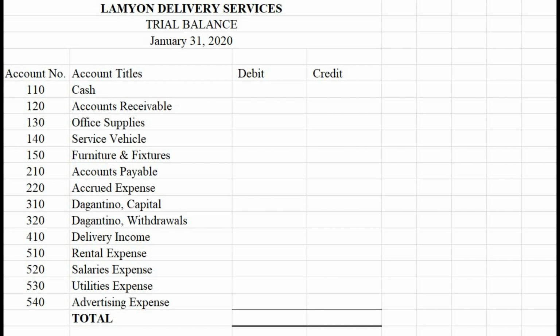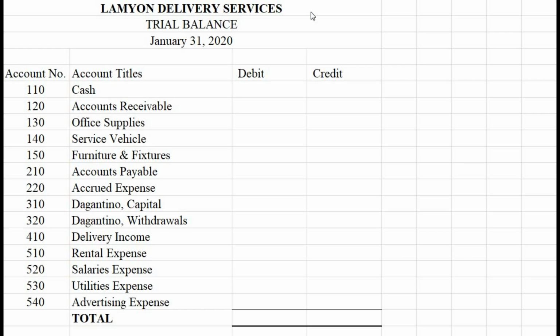So, following the steps of the preparation ng trial balance, so we have here the list of all the account titles. So, I assigned account numbers to the specific accounts for the purpose of illustrating it.